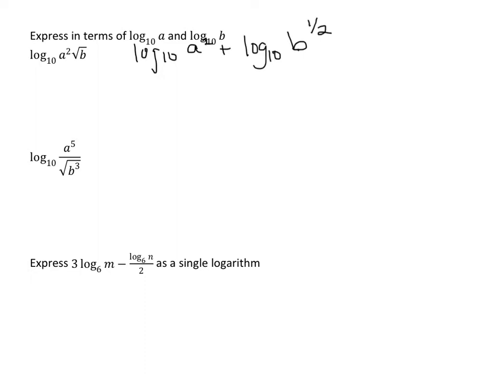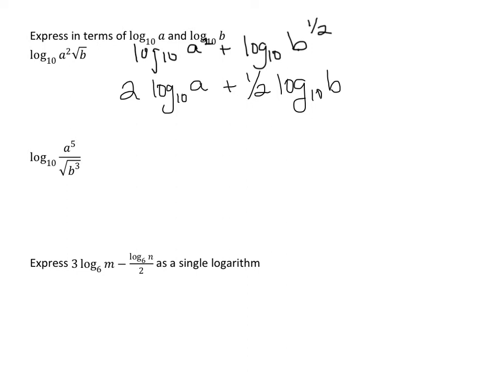Now I use the third rule and take these exponents and move them out into the front. So what that does for me is it gives me 2 times the logarithm base 10 of A plus 1/2 times the logarithm base 10 of B. And that's going to be our answer.